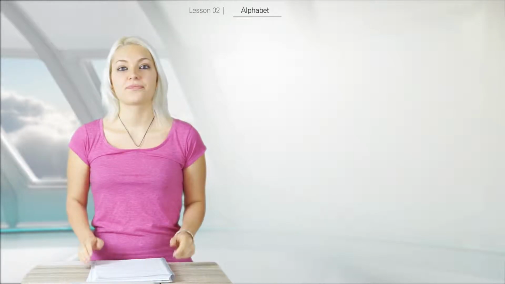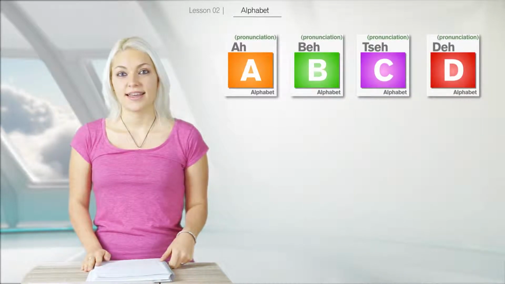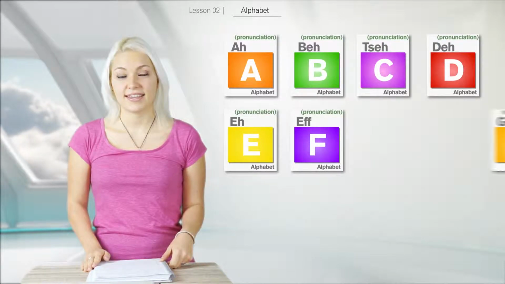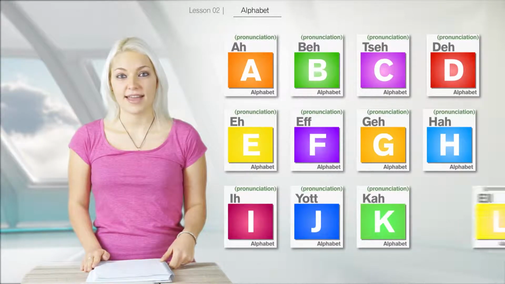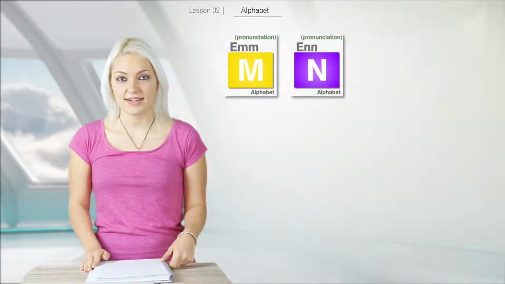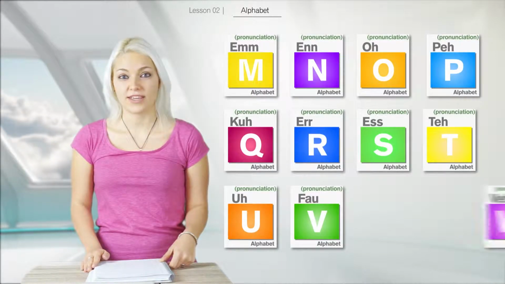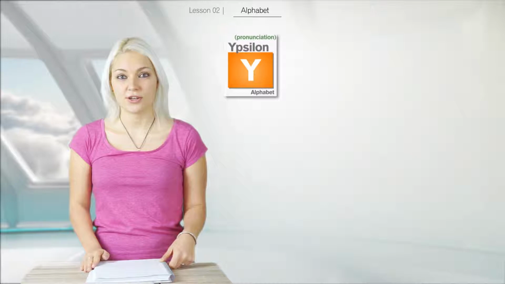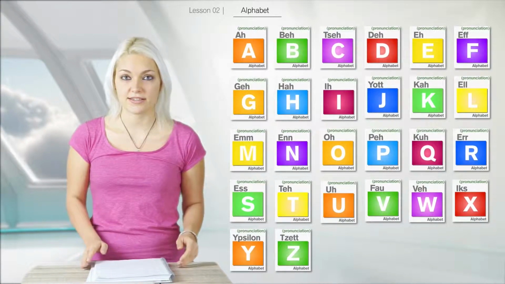So I'll just say it out loud for you now, from A to Z. A, B, C, D, E, F, G, H, I, J, K, L, M, N, O, P, Q, R, S, T, U, V, W, X, Y, Z. Okay, so that is the alphabet, how the letters are called.